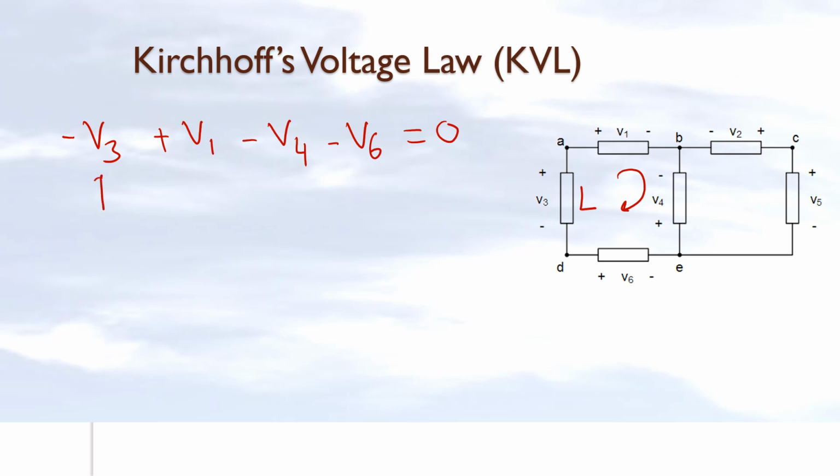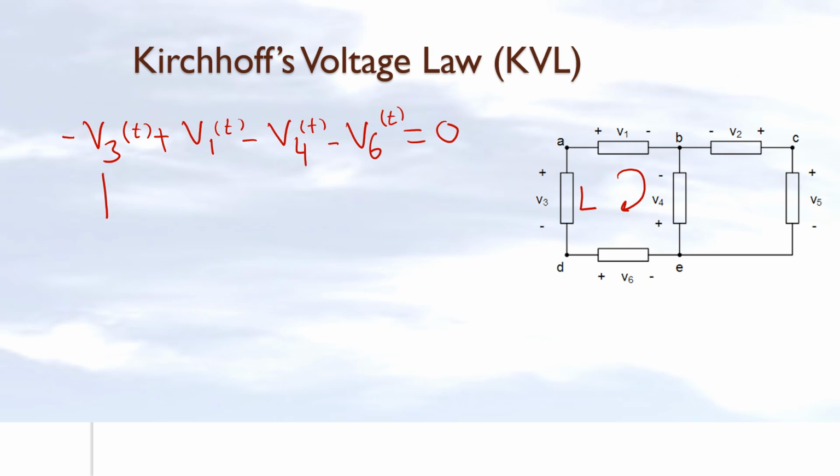This V3 is the inductor voltage, and we know that the inductor voltage is a function of time. So this equation here would be entirely a function of time t. So meaning that V1, V4, and V6 are no longer constant. Instead, they will vary over time.